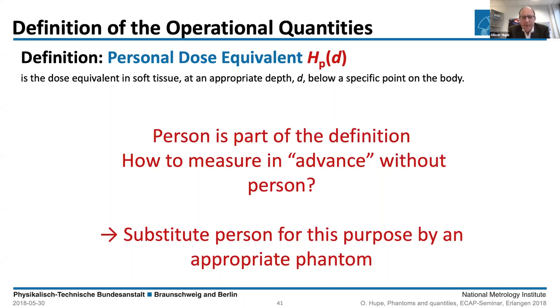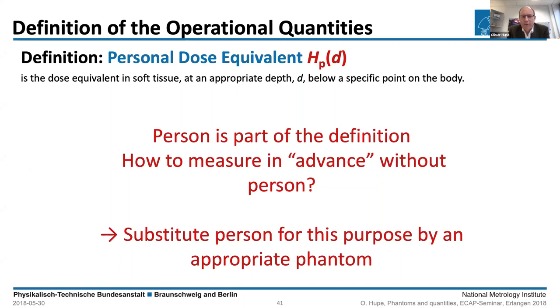As a person is part of the definition, and we have personal dosemeters, how can we calibrate them? Because we are not allowed to put the person inside the radiation field, and the quantity depends on the person. If you have a thin person, the Hp(10) value will be different from a thick person, and this is quite difficult for calibration.